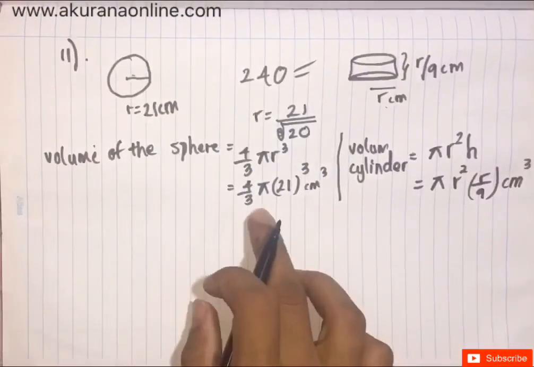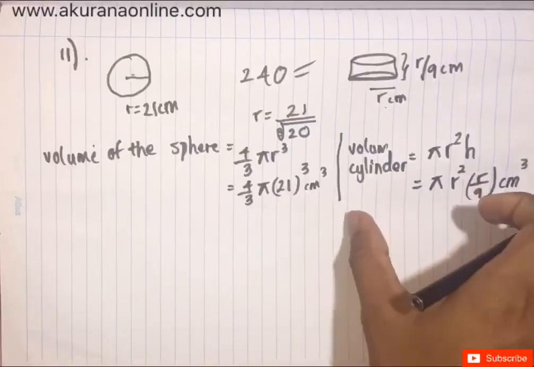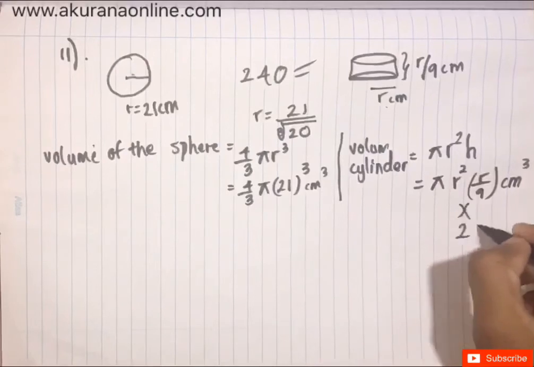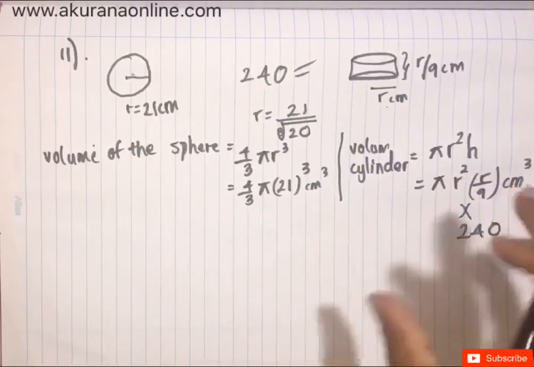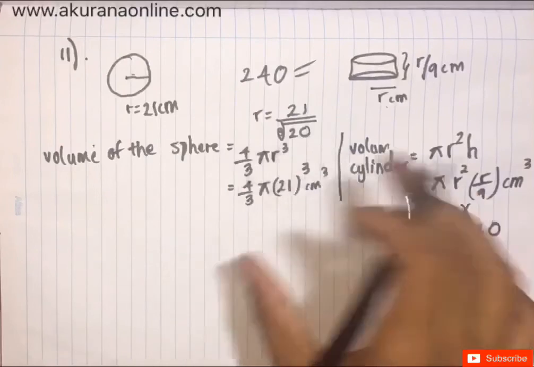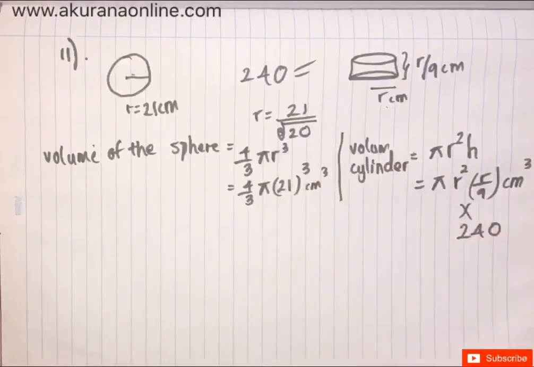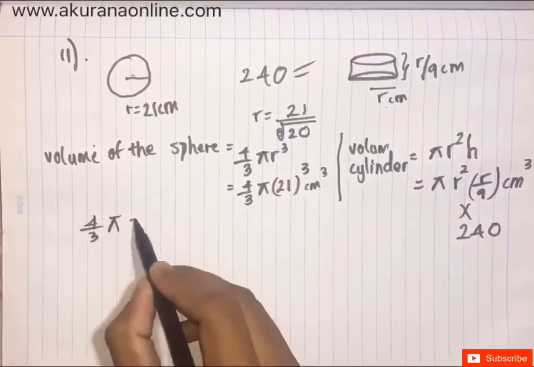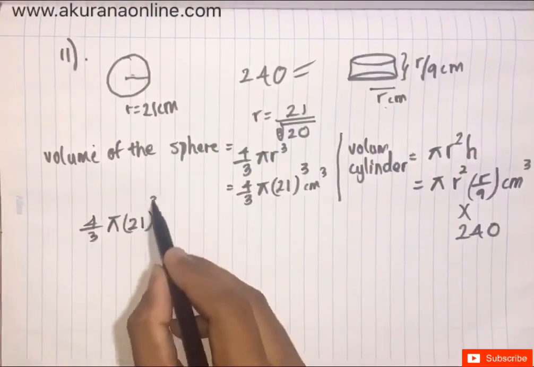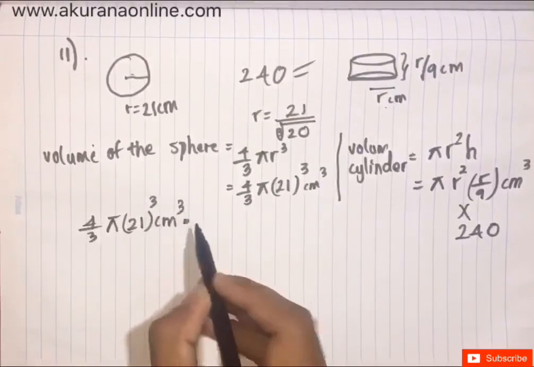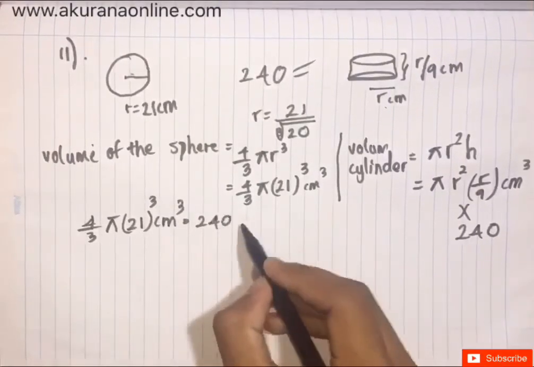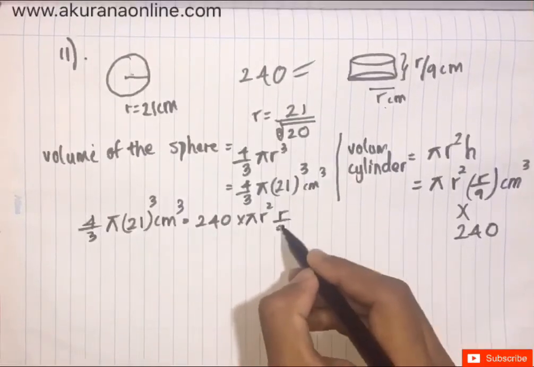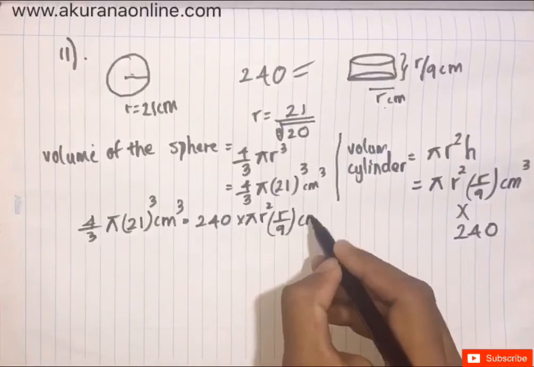Now this volume is equal to 240 cylindrical discs. That means you have to multiply this volume by 240. Then if you multiply this by 240, these two volumes will be equal. Therefore, you can say 4 over 3 pi and then you have 21 centimeter cube is equal to 240 pi r squared r over 9 centimeter cube.